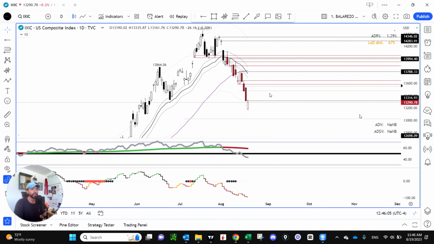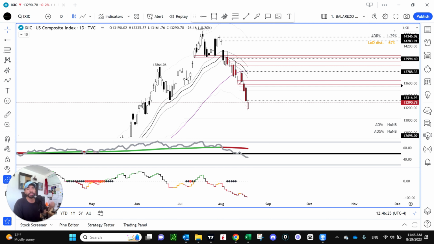So right now, price action is breaking to the downside. Looking for bounces here in the market is basically trading against the direction of the trend, because right now the path of least resistance is to the downside.